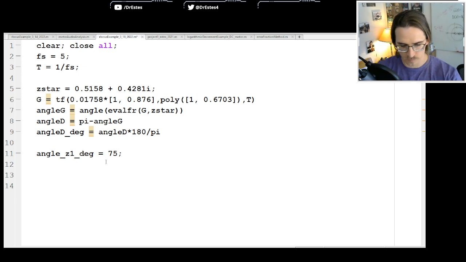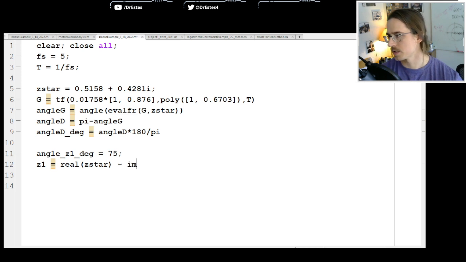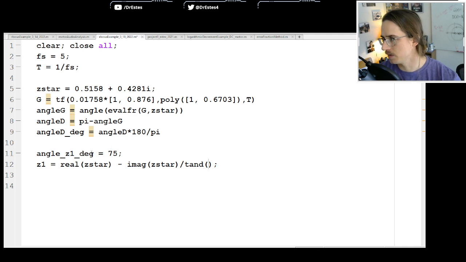So the location of Z1, we can use this formula. I take the real part of Z star, subtract the imaginary part of Z star, and divide by the tangent of the angle, and we have to do tan D if I'm putting this in degrees.